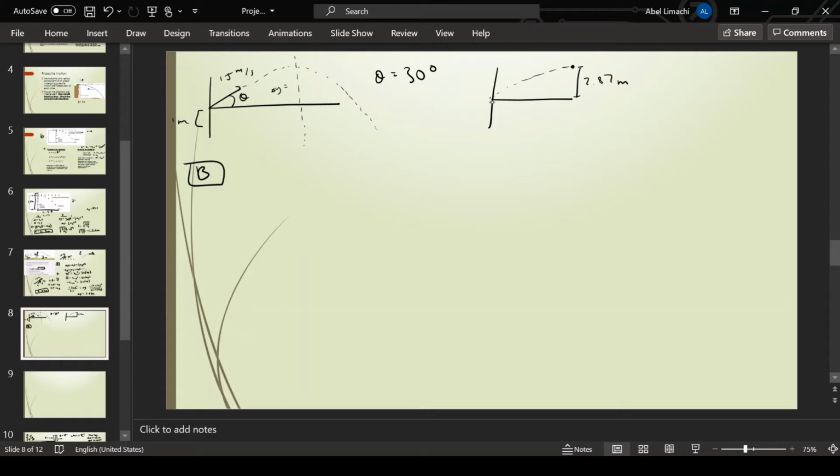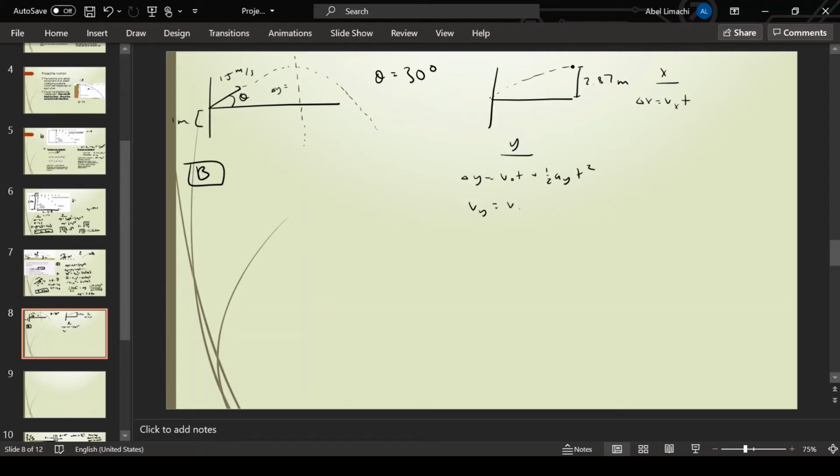Alright, we know in the x direction, there's the equation delta x equals vx t, and in the y direction, you have all these other equations. I'll write this down here. In the y direction, you have delta y equals v initial t plus 1/2 ay t squared.